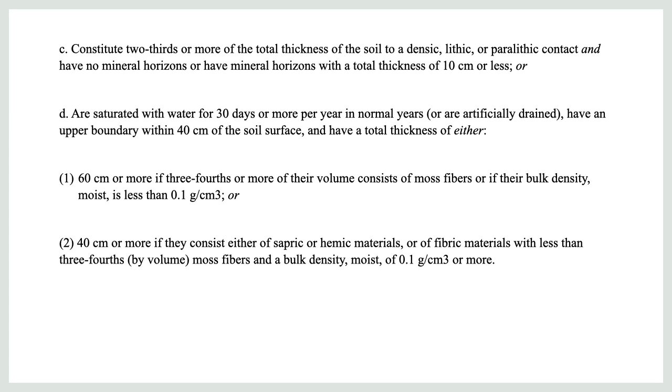Okay, the other option is that this organic soil, this layer with at least 12% of organic carbon, should constitute two thirds or more of the total thickness of the soil to a densic, lithic, or paralithic contact, and have no mineral horizons, or have mineral horizons with a total thickness of 10 centimeters or less.